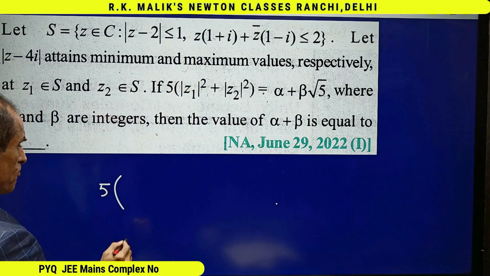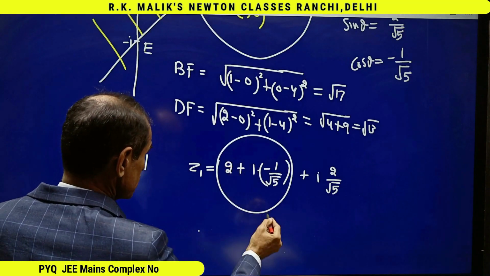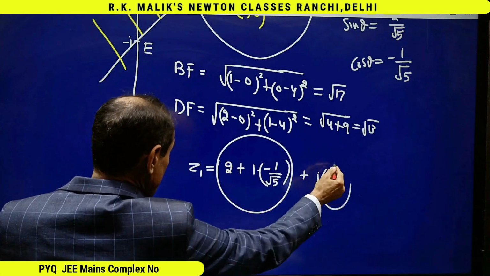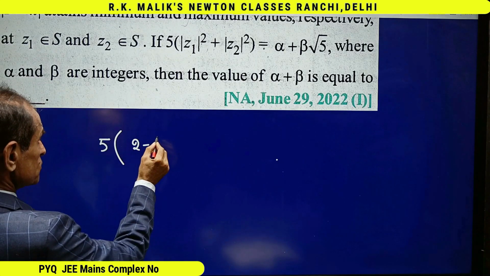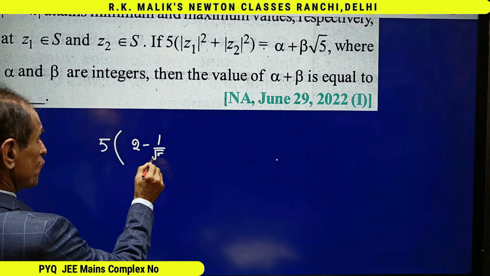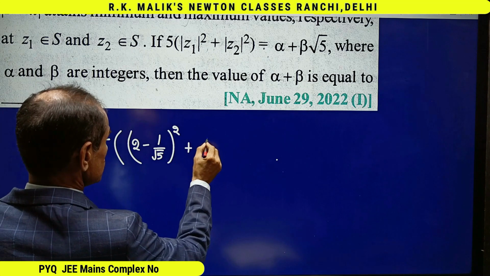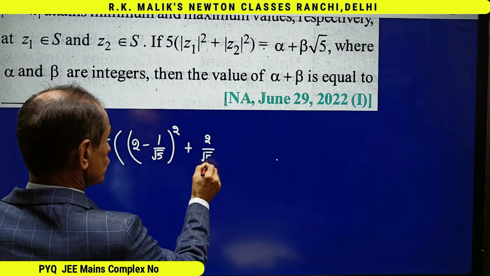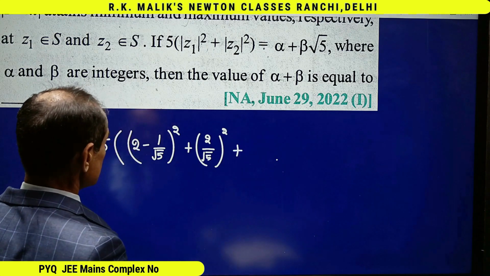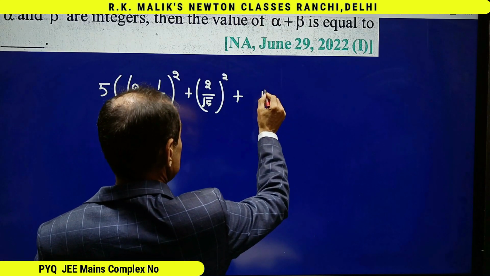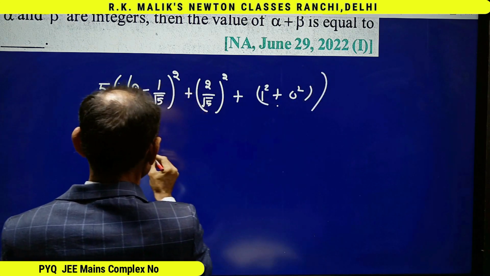5 into mod of Z1 square. Z1 means the x coordinate this and y coordinate this. 2 minus 1 by root 5 whole square plus 2 by root 5 whole square plus 1 square plus 0 square.